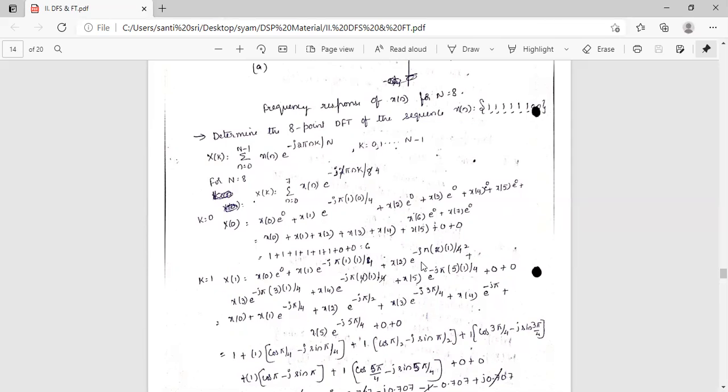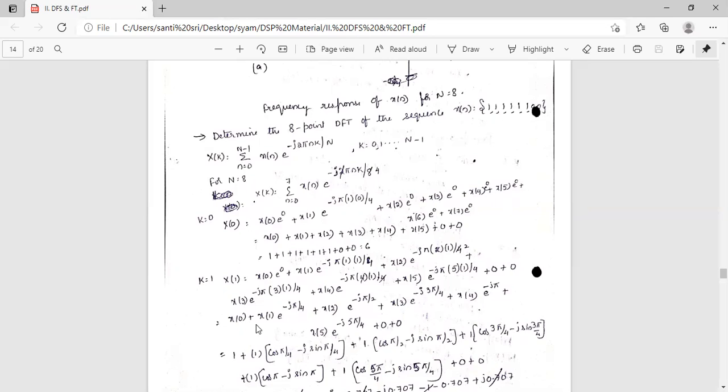Like that we will substitute these values: x of 2 into e power minus j pi by 2, plus x of 3 into e power minus j 3 pi by 4, plus x of 4 into e power minus j pi, plus x of 5 into e power minus j 5 pi by 4, plus these two are zeros.